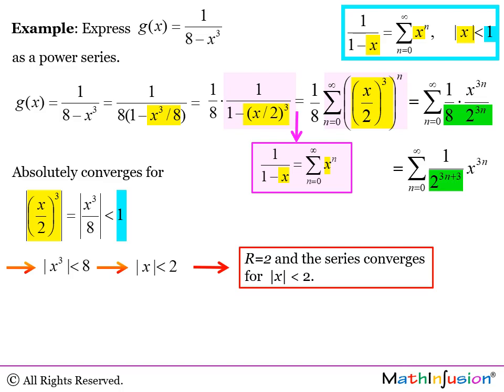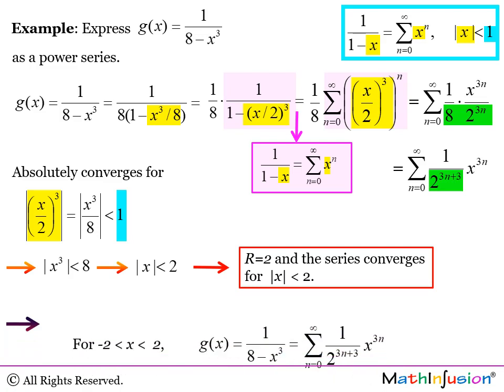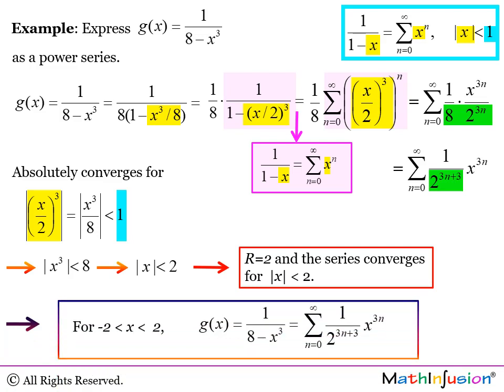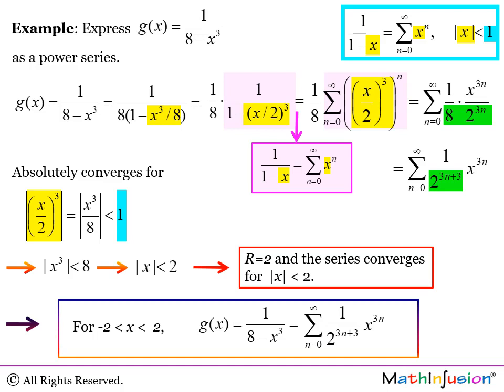We conclude that the radius of convergence is 2, and the series converges for x's in absolute value less than 2. We found out that for all x's between negative 2 and 2, the function 1 over 8 minus x cubed can be written as a power series. The power series is the sum, and n runs from 0 to infinity, of 1 over 2 to the power of 3n plus 3 times x to the power of 3n.